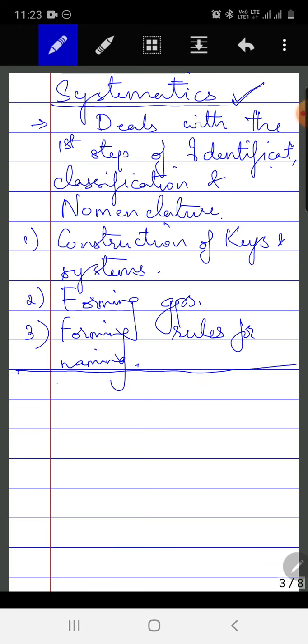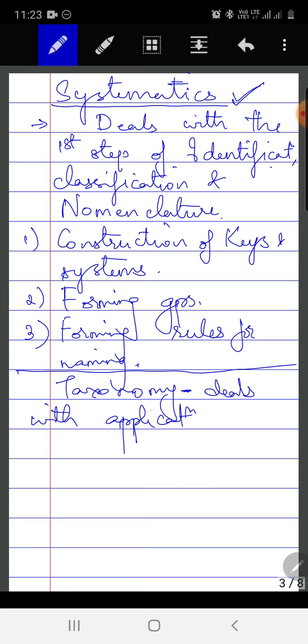Taxonomy deals with the application of systematics. Taxonomy would deal with the application of systematics, that is using the keys to identify, assigning groups to the various organisms.